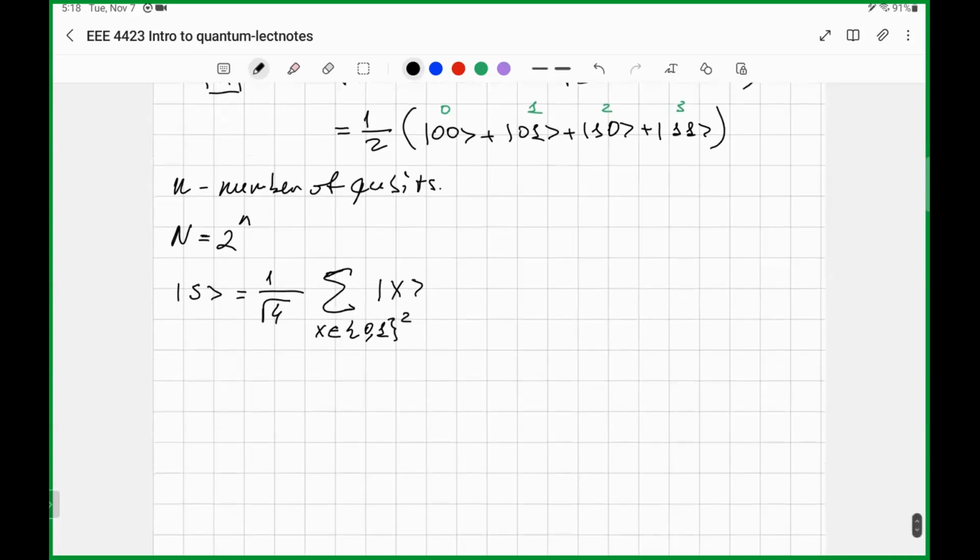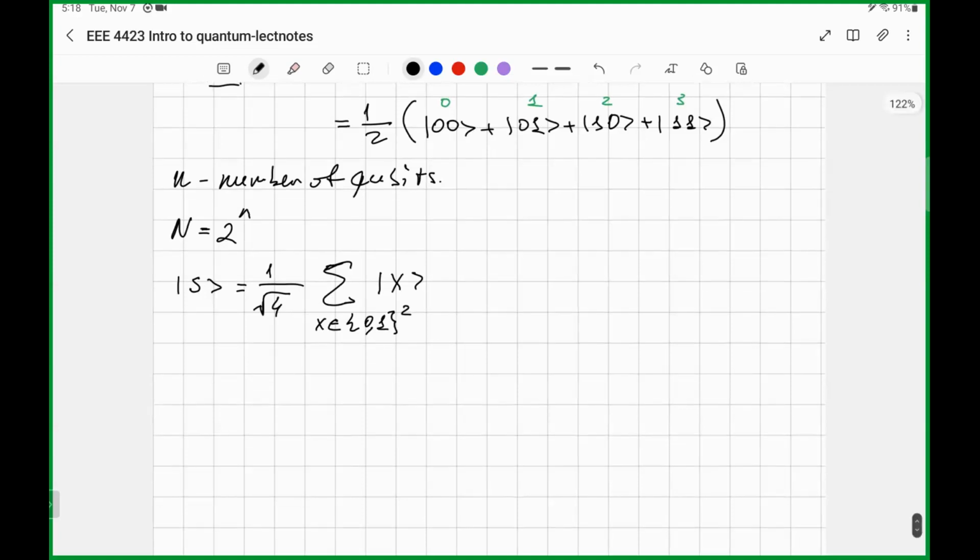So this is the way we write the same state, the same expression, in a more condensed notation.